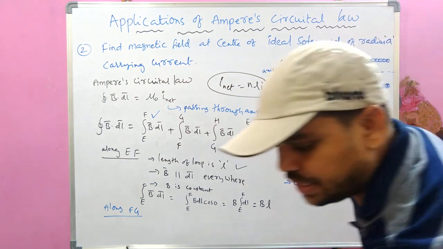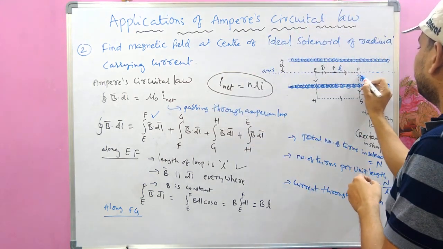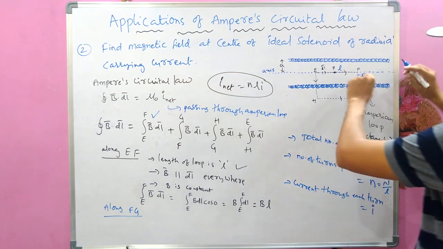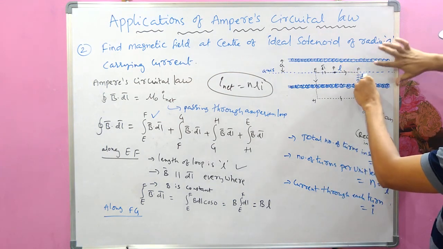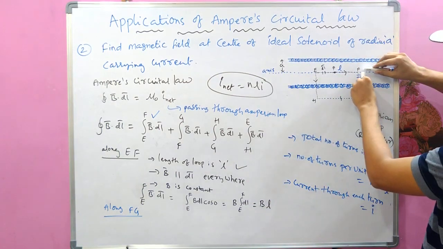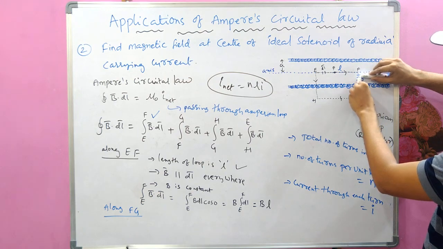If I consider dl everywhere on FG, this is dl. The dl direction is this and the magnetic field direction is this, everywhere.